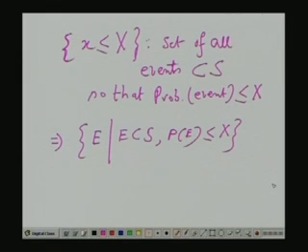Whenever I say random variable x taking values less than or equal to x, I am basically considering a set of events whose probability, I mean, maybe since time is up today, I will consider this in the next class in detail.